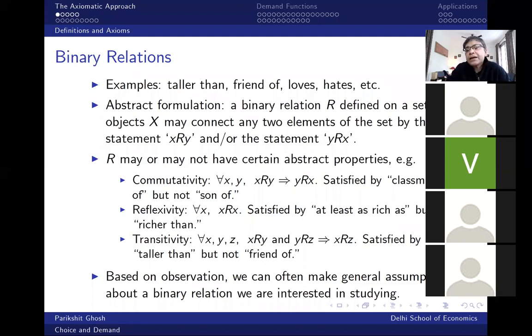And let's see if we can develop some predictions about market behavior, consumer behavior, and then test whether those predictions hold up against data. So the old approach where a utility function was assumed right away as a starting point is called cardinal utility theory. And the new approach is called ordinal utility theory.